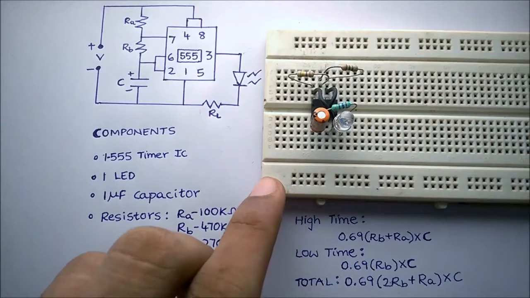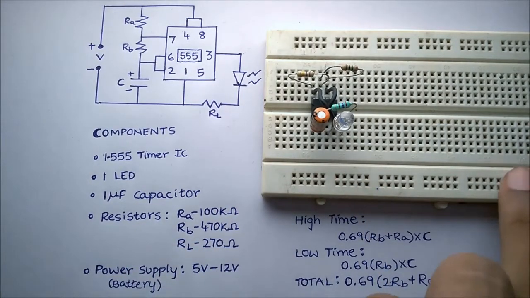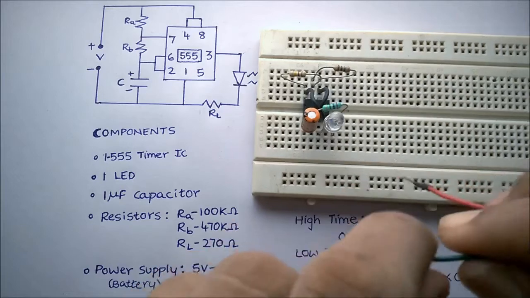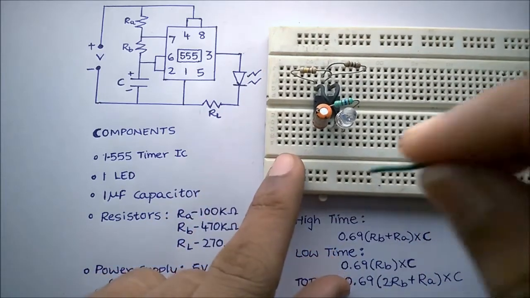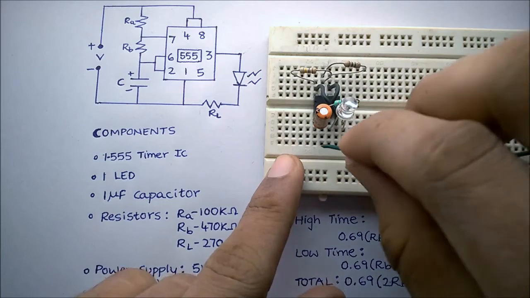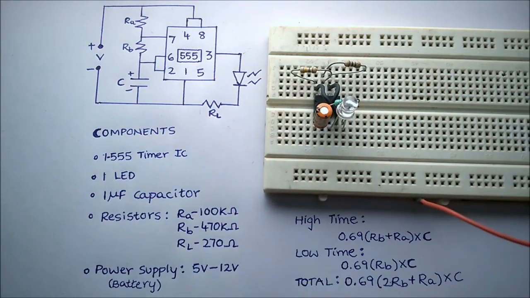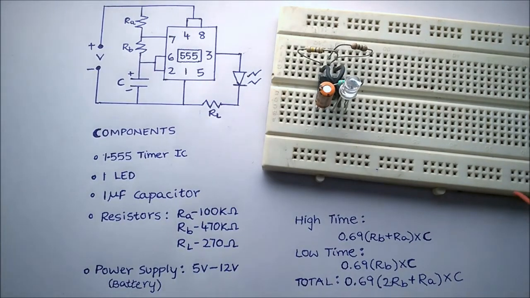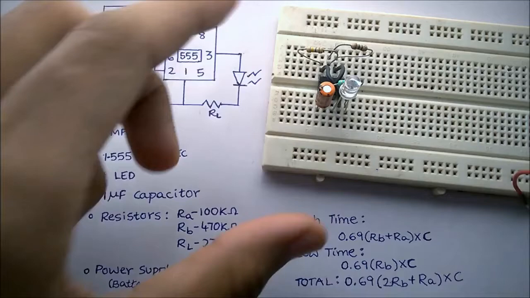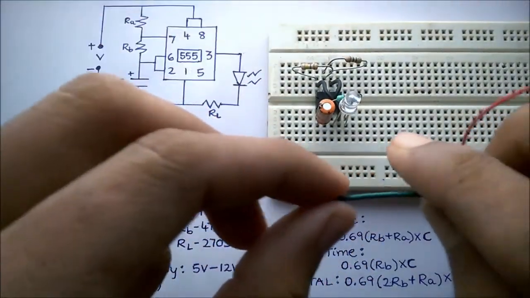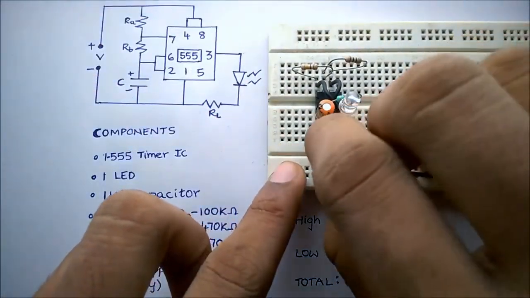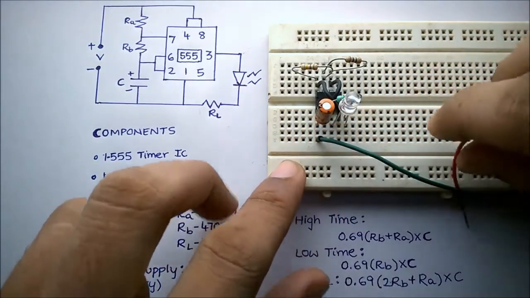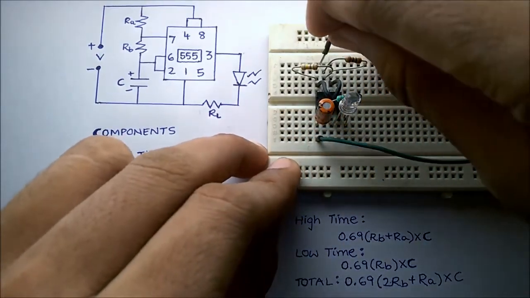Now we are good with all the connections. We can connect the power supply. The negative terminal, which is ground, goes to pin number 1, and the positive terminal goes to pin number 8.